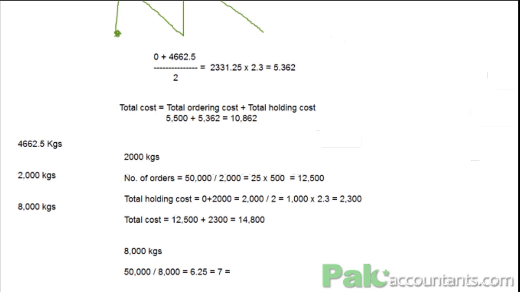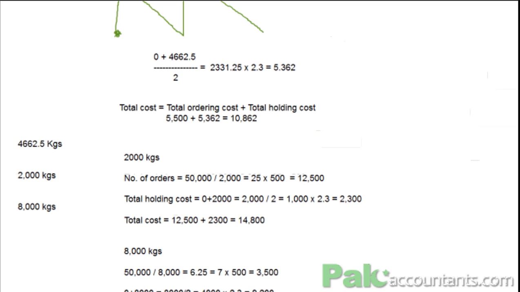So it will be 7 multiplied by 500 gives you 3,500, and then holding cost will be 8,000 divided by 2 equals 4,000 multiplied by 2.3 equals 9,200.